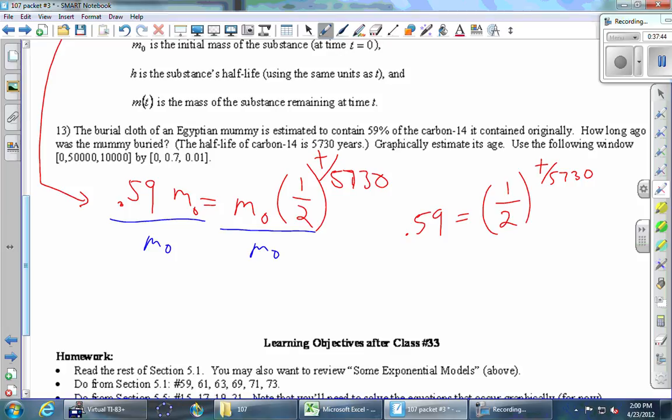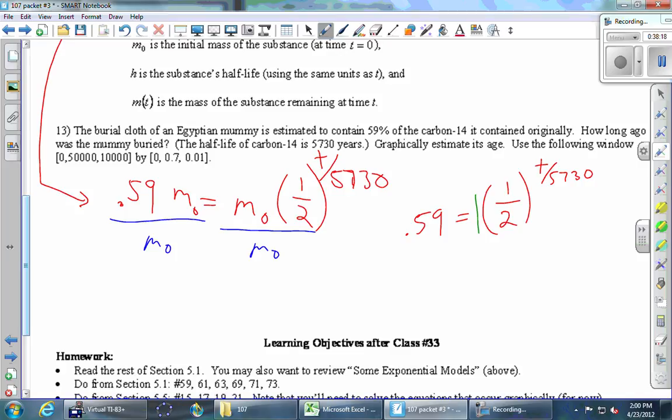And in fact, if you don't like that 0.59 M0, there is a cheesy way to write this equation. Suppose that we started with 1 gram of carbon-14. Where does the 1 go in the formula? Right there where the M0 used to be. And if you started with 1 gram and you have 59% left, then how many grams do you have left? 0.59 grams. So you get the same equation. I call it cheesy, but the M0s disappear no matter what happens. So ultimately we get that.